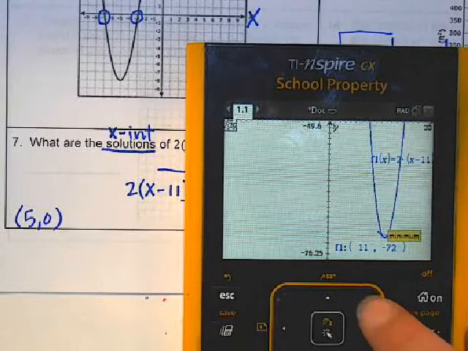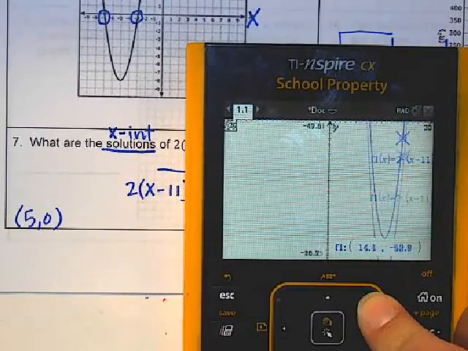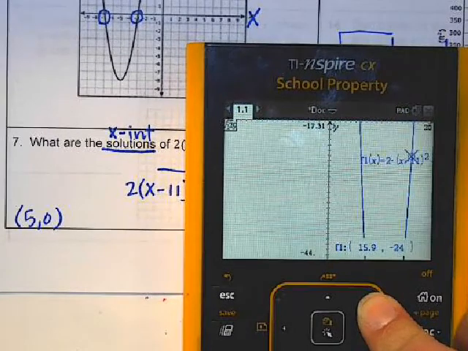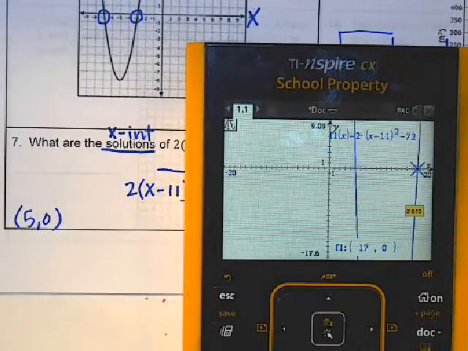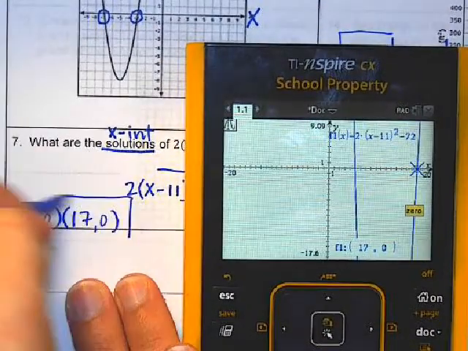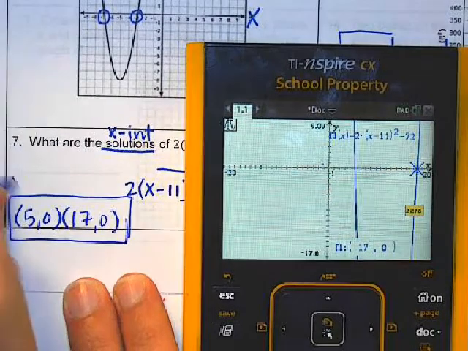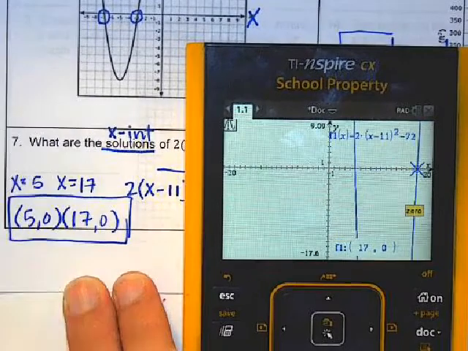But I'm not looking for that. I don't know why it wasn't popping up on the other one. Okay, so then I'm going to keep going and get my second root, solution, x-intercept, 0. All those words mean the same thing. And my second 0 is 17, 0. Or you could say x equals 5 and x equals 17. That's just another way to write it.